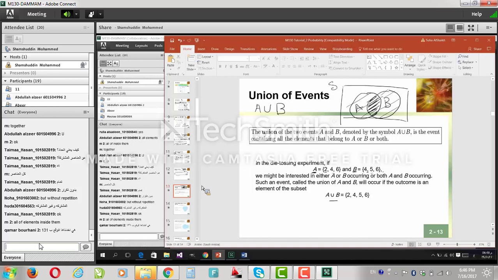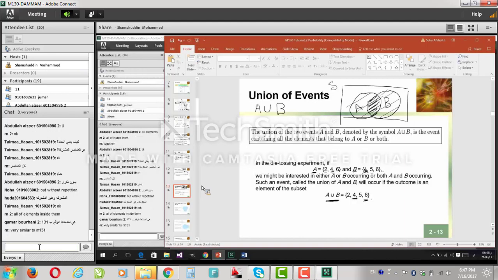This is the union. So A union B is all the elements: 2, 4, 5 and 6. Notice that the 4 appeared twice, but we just write it one time, and the 6 happened two times, but we just write it one time. No need to repeat the elements when you are writing a set.